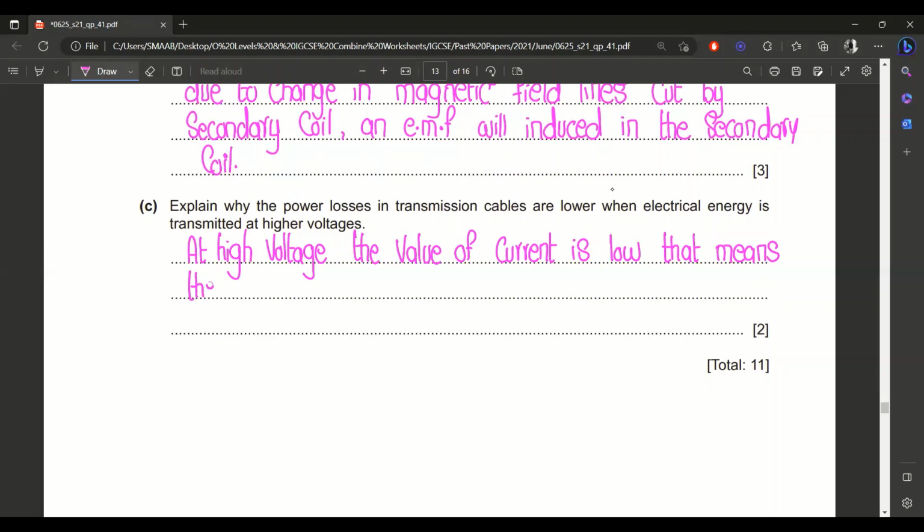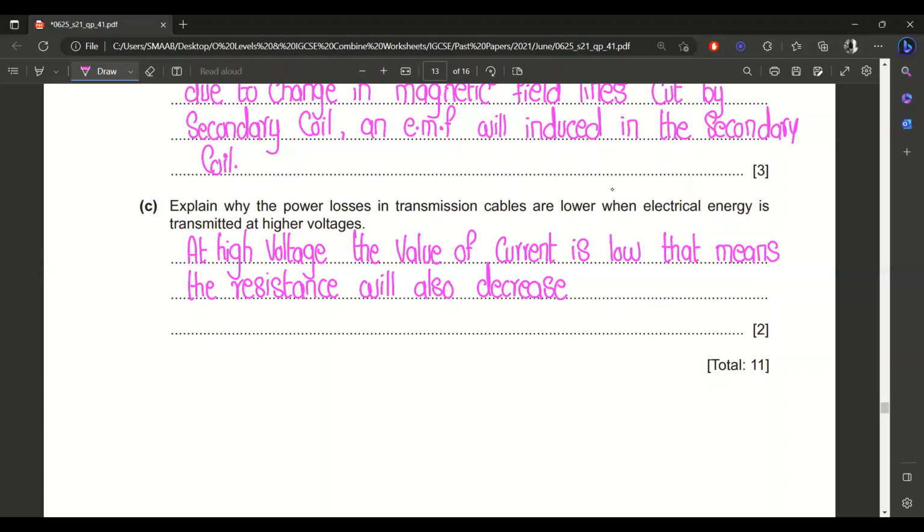The resistance is also low, or resistance will also decrease because the value of current is small enough.